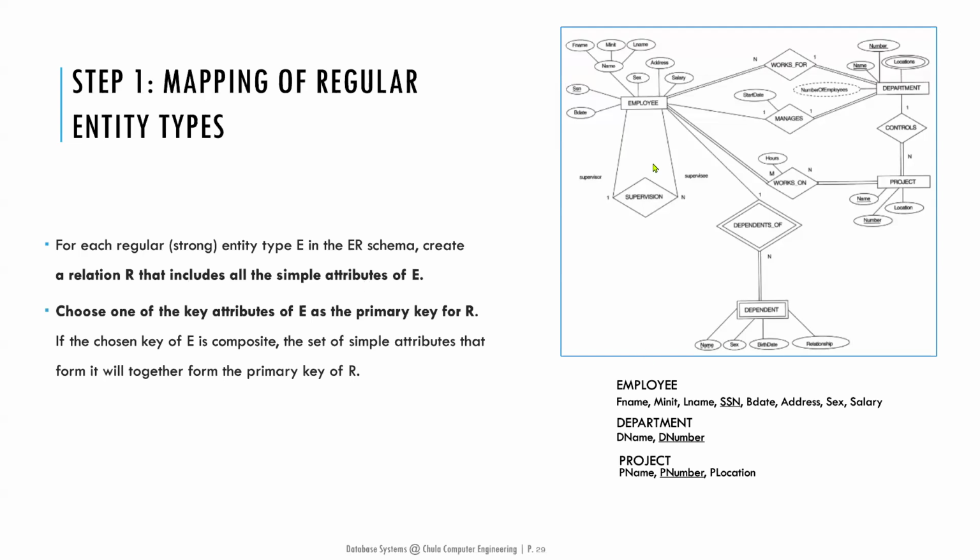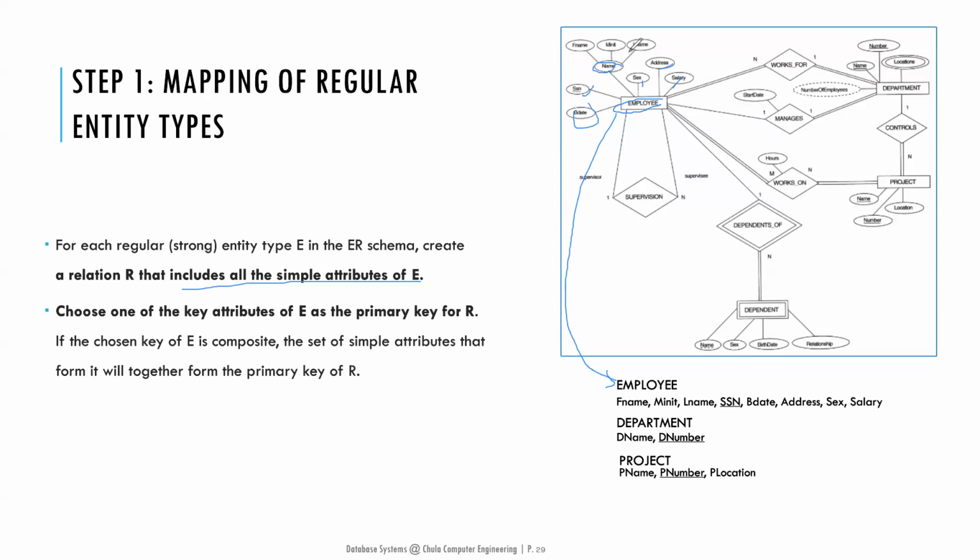Okay, let's take a look. For employee, I have employee here, and I translate it to a relation called employee. I said it includes all simple attributes. So what are the simple attributes? B date, SSN, sex, address, salary. These are simple attributes. I also have the name, but name is a composite attribute, so I wouldn't take the name here.